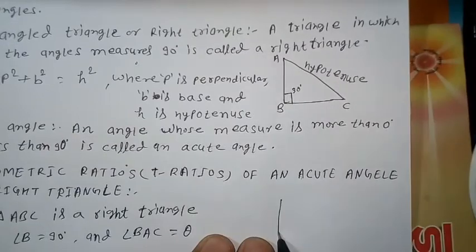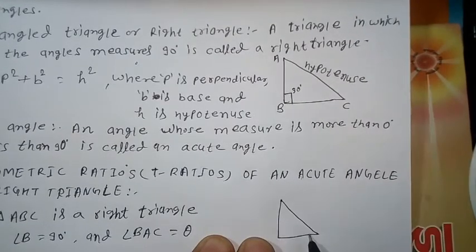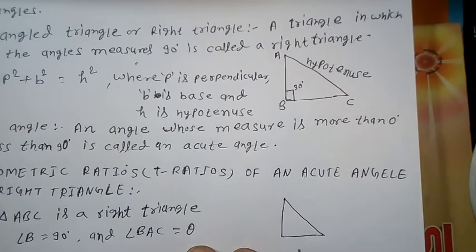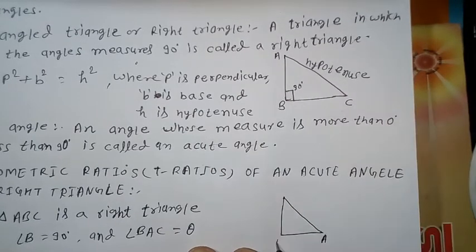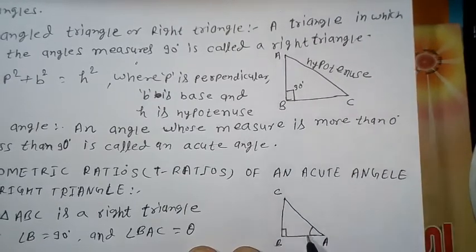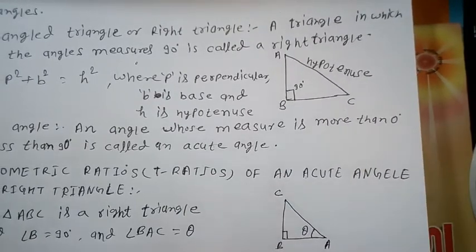According to this figure, A, B, C: this is 90 degrees, this is theta.